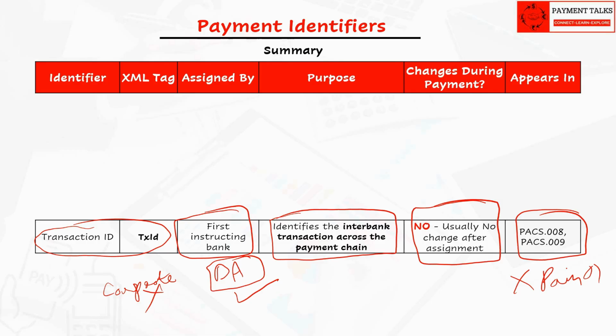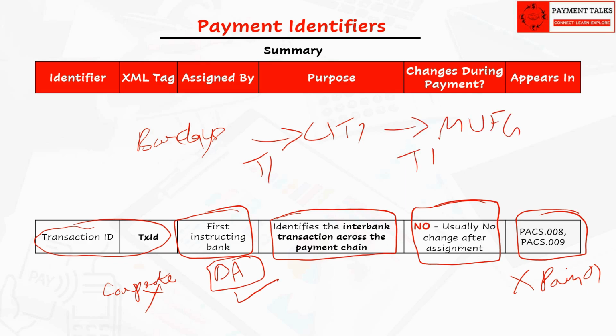Every bank that receives and forwards the PACS.008 carries the same transaction ID forward. Example: Barclays, the debtor agent, sends a PACS.008 to Citi with a transaction ID T1. Citi forwards it to MUFG Tokyo also with the transaction ID T1.